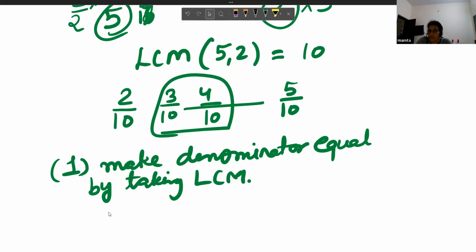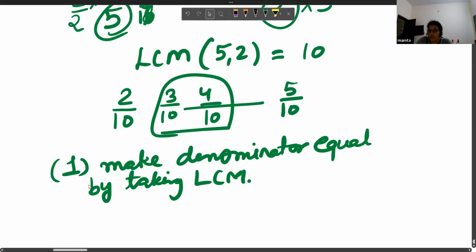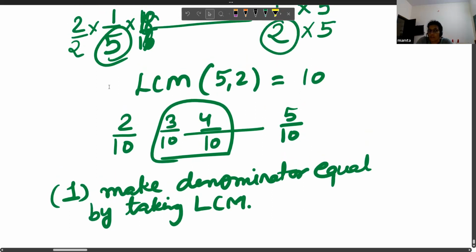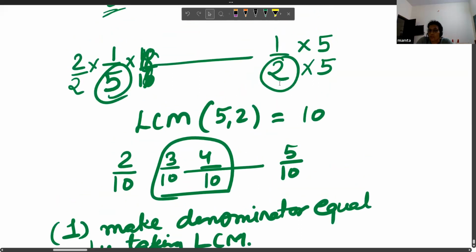So you just have to think, how can you make 1 by 5, the 5 denominator as 10 by multiplying with 2. So you are not allowed to multiply only the 5 with 2. You have to multiply both sides, numerator as well as denominator. Okay. So this number will change to 2 by 10. And when you multiply 1 by 2, this 2 denominator, how will you convert to 10?